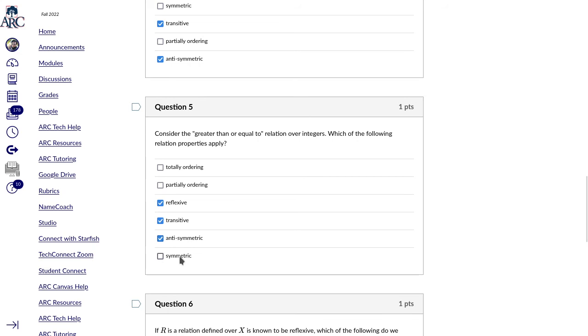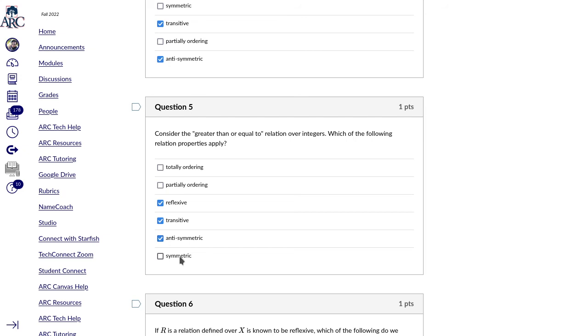It is not symmetric. What I said earlier was wrong. We cannot check every single box because symmetric is not correct. If I choose A to be 1 and B to be 2, then it is not symmetric because 2 is greater than or equal to 1, but 1 is not greater than or equal to 2.